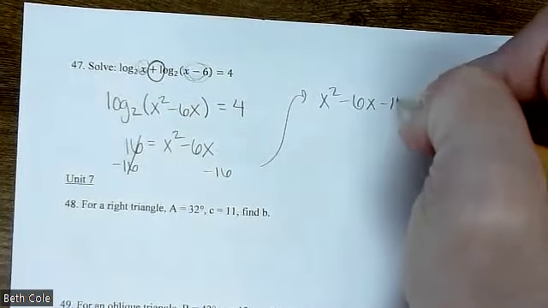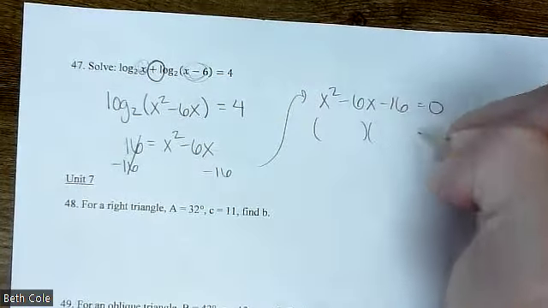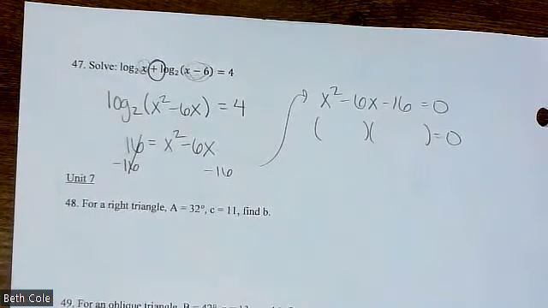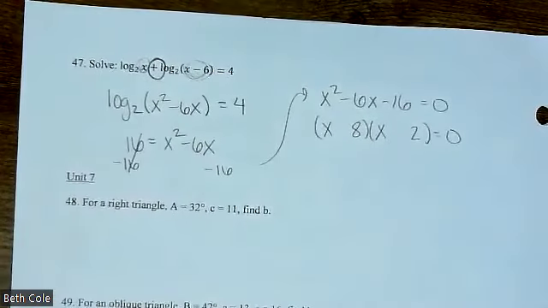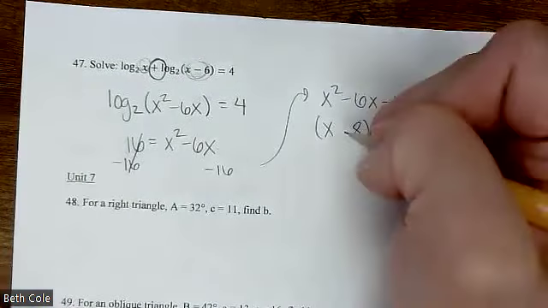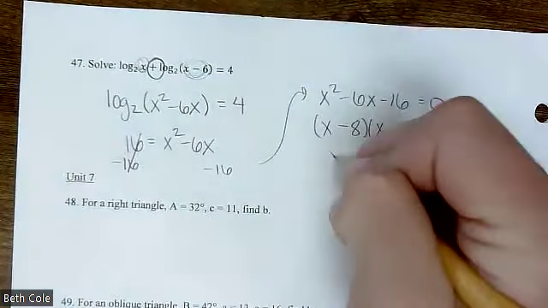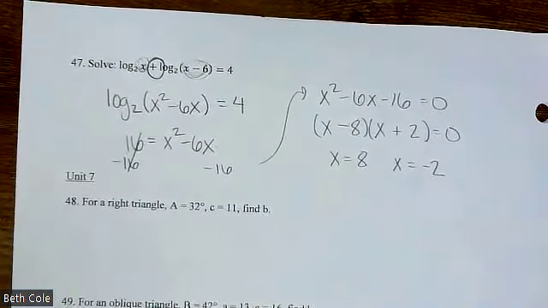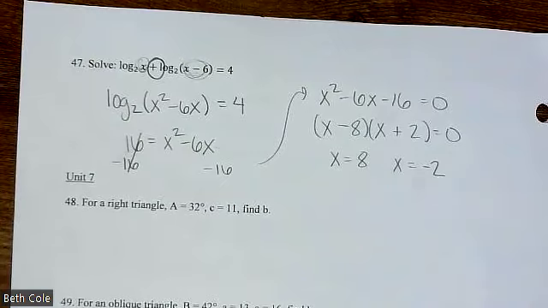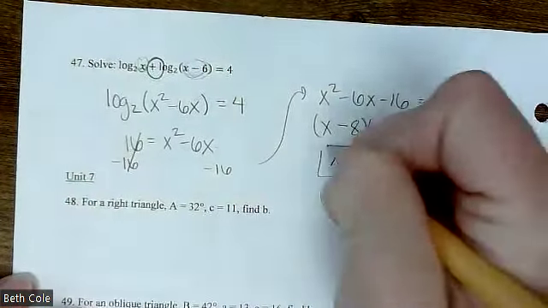And then you're going to factor it. So what would that be? 8 and 2? 16, 8 and 2. And then what symbols would we need? Minus 8 plus 2. Cool. So you get x equals 8 and x equals -2, but you can't log a negative. Good. So we're going to get rid of that one and just keep 8.